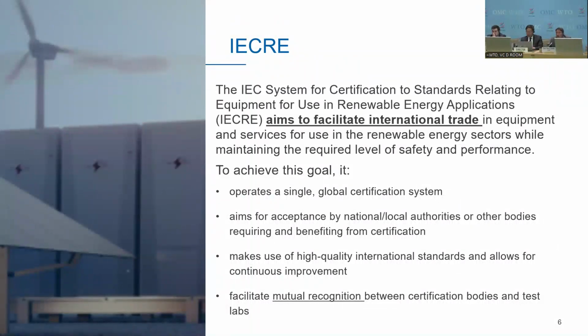So that means if body A certifies a renewable energy product, then body B will accept that for use within their country for recognition on a local level. So that is where the peer assessment piece of this comes in, because they have to trust and have confidence in the work of body A.